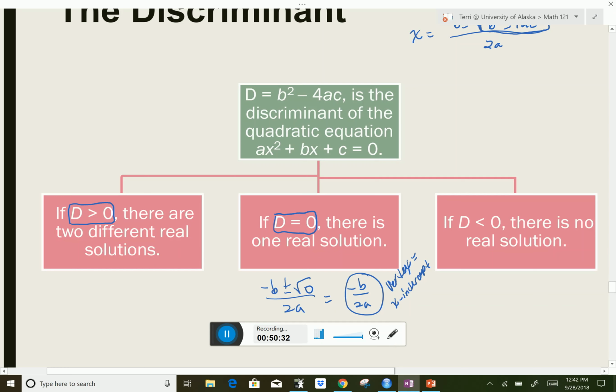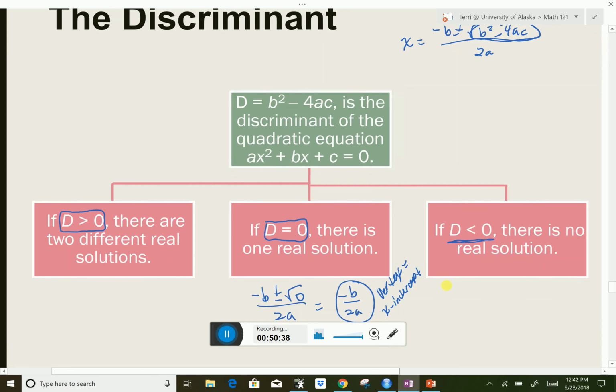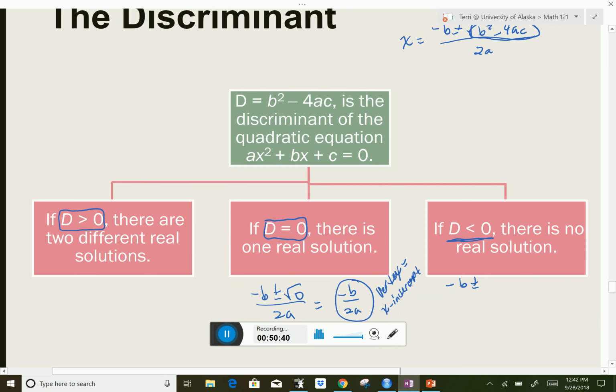That means it only touches the x-axis once. Now, if d is less than 0, there's no real solution, because think about that. Negative b plus or minus a square root of a negative number, it's not going to be real. We're going to go back into the imaginary and complex numbers.